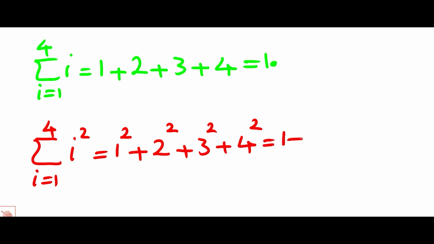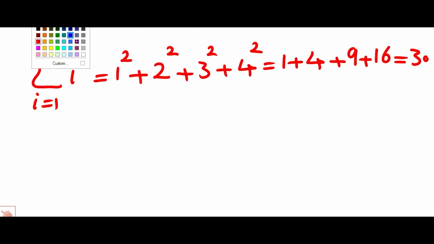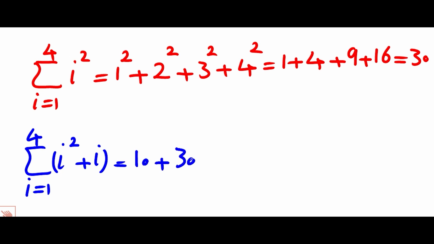So we have 1 plus 4 plus 9 plus 16 equals 30. So the sum of i squared plus i from i equals 1 to 4 is 10 plus 30 equals 40.